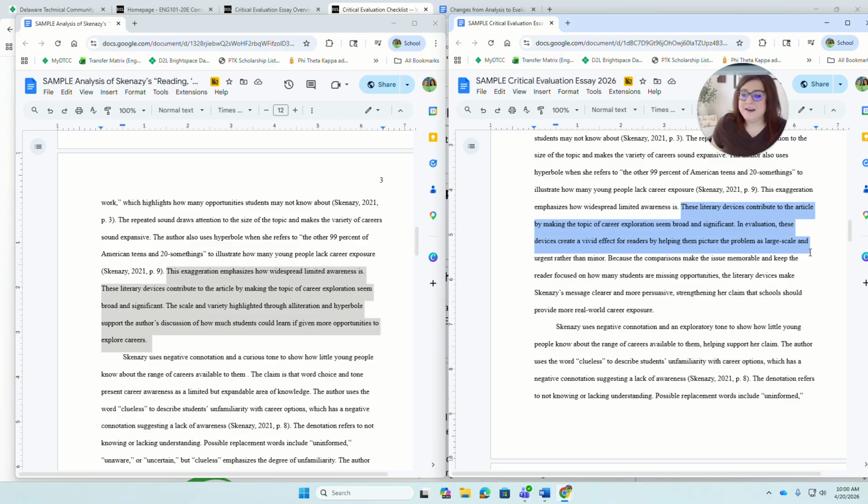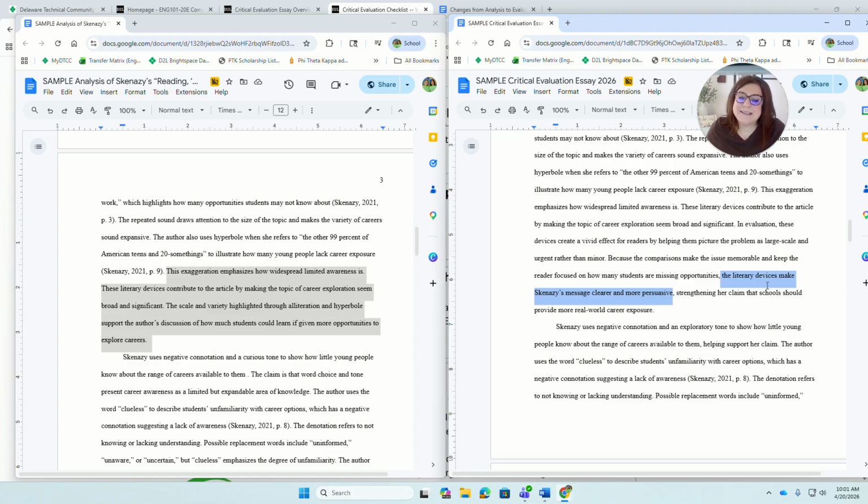In evaluation, these devices create a vivid effect for readers by helping them picture the problem as large scale and urgent rather than minor. Because the comparisons make the issue memorable and keep the reader focused on how many students are missing opportunities, the literary devices make Skenazy's message clearer and more persuasive.